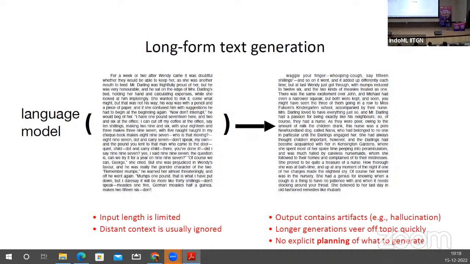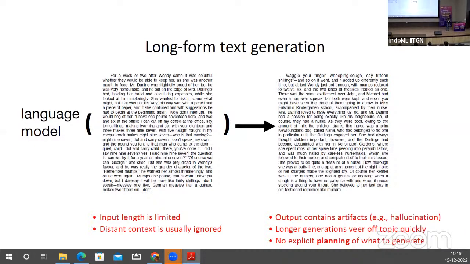So my lab's research focuses specifically on the case where the inputs and the outputs of these language models are very long and complicated. So here you see on the input side, if you feed in, say, a book or a chapter of a book, you will run into several limitations of the model. Their input size has a maximum word limit.